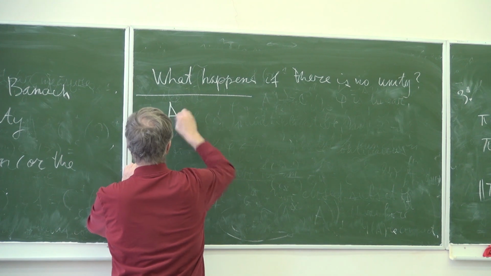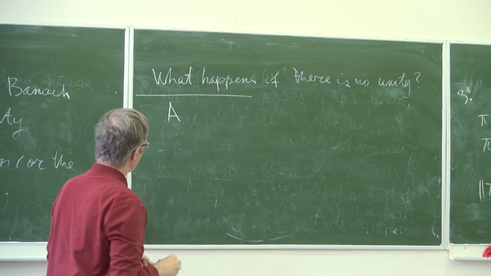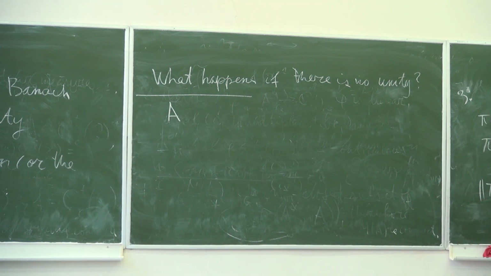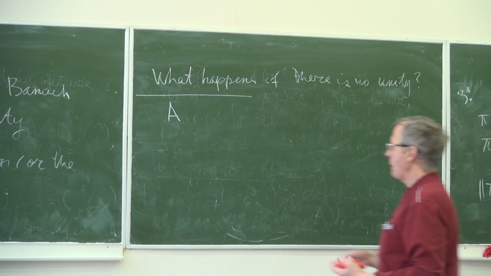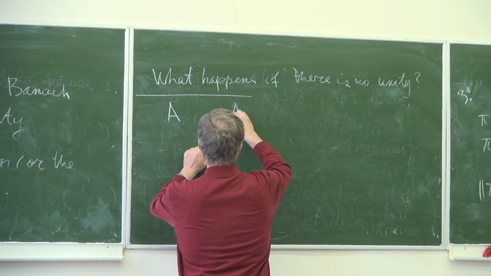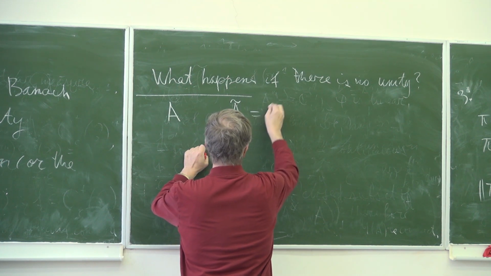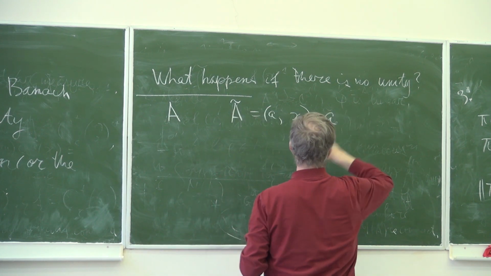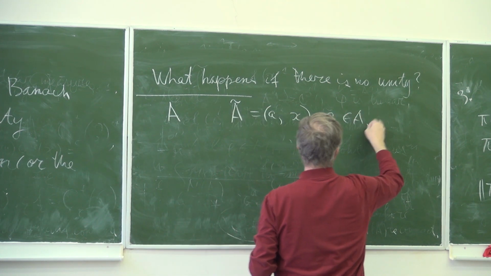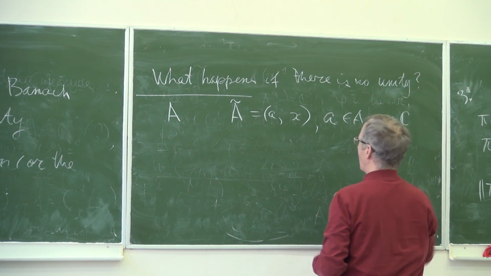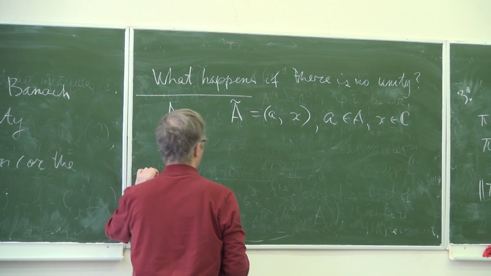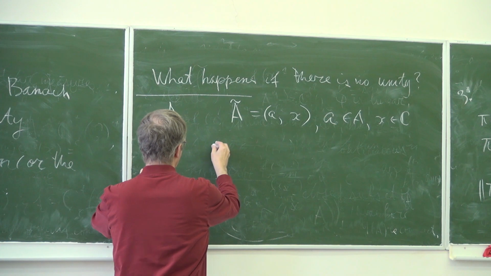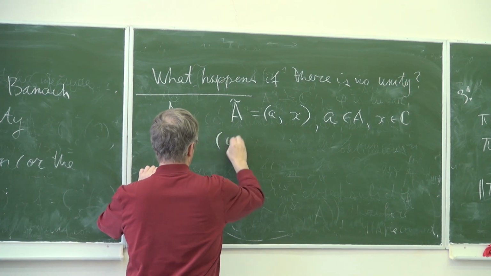So consider a Banach algebra A without unity. Then we can adjoin a unity artificially to this Banach algebra. Simply, we can consider the algebra A tilde of pairs (a, x), where a is in A and x is a complex number. So the unity will be the pair (0, 1).